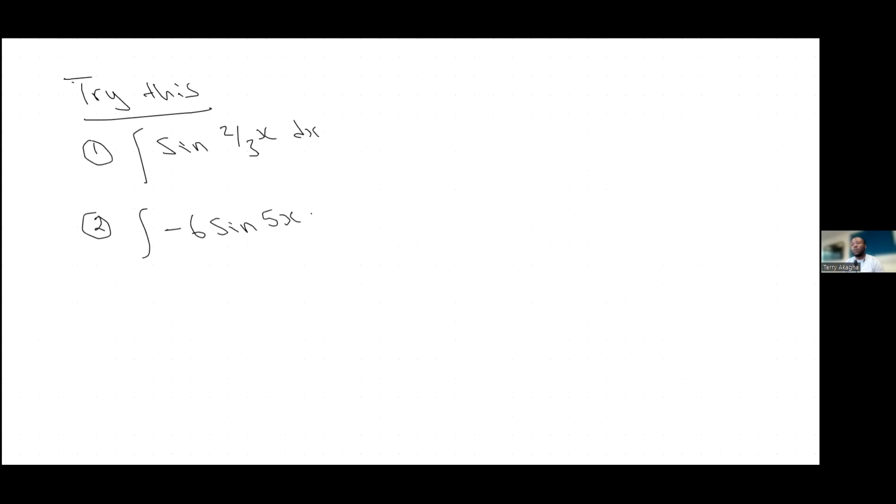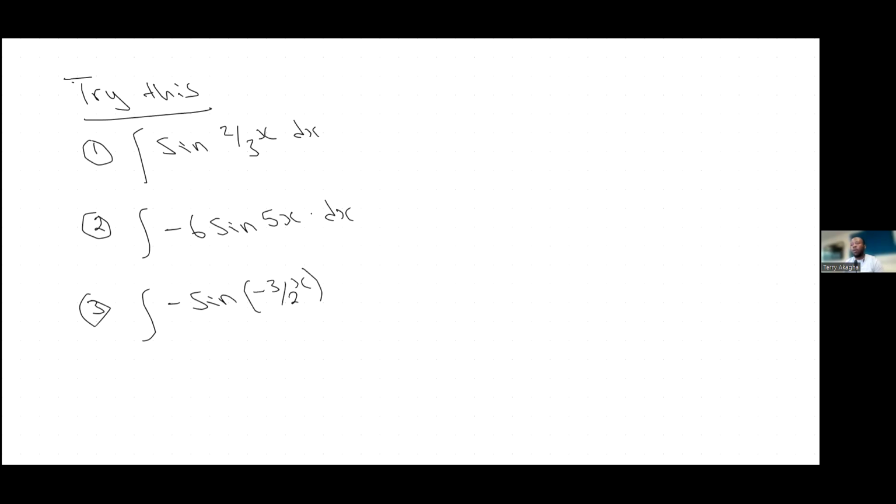Number 1, I want you to integrate sine 2/3 x with respect to dx. Number 2, integrate minus 6 sine, let's say 5x with respect to dx. Number 3, integrate minus sine minus 3/2 x with respect to dx.